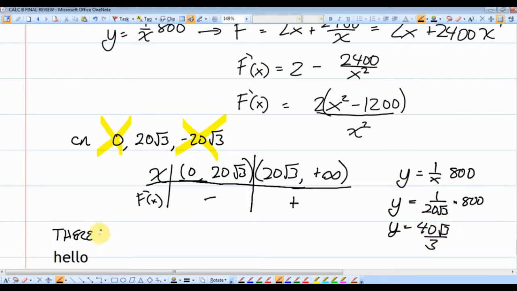So there is a minimum at 20 root 3 and 40 root 3 over 3. That's where I get my minimum.